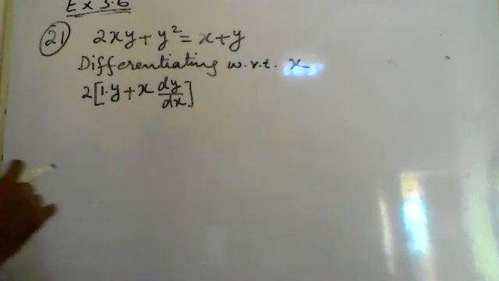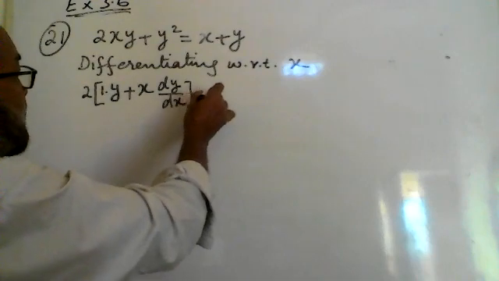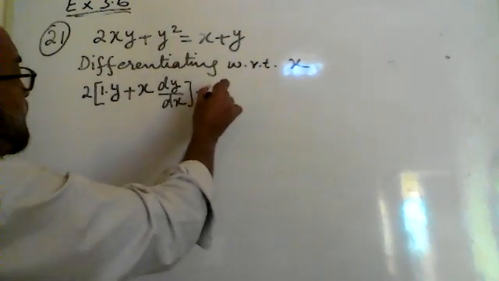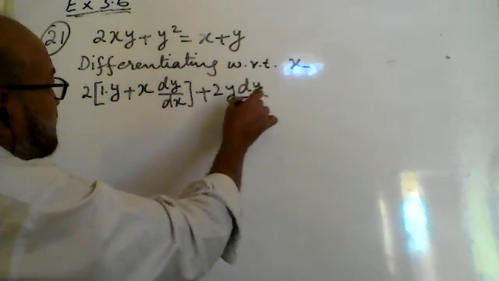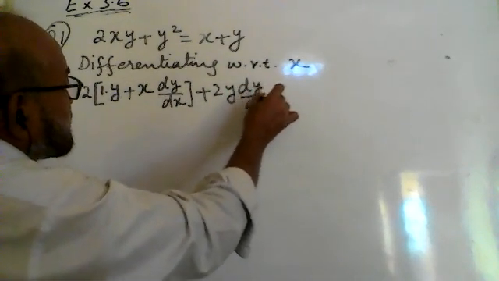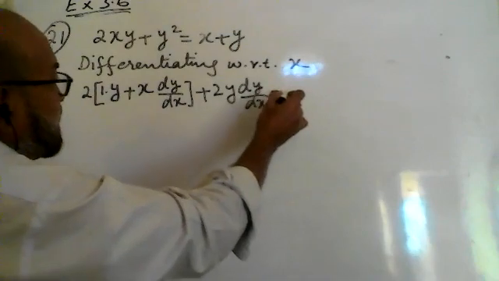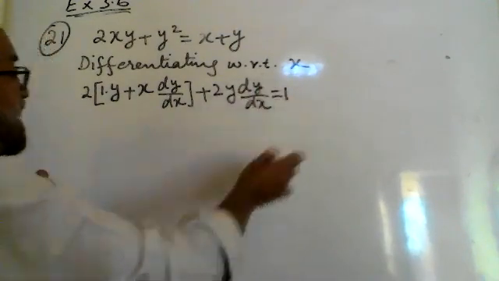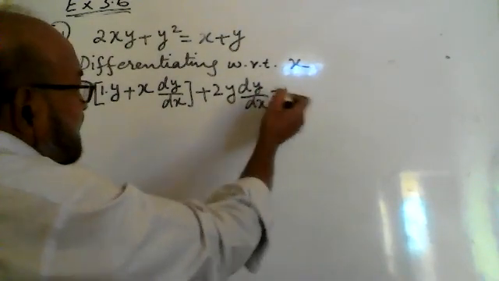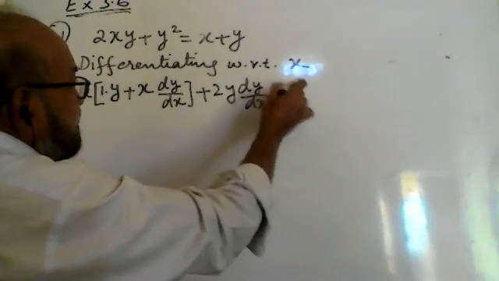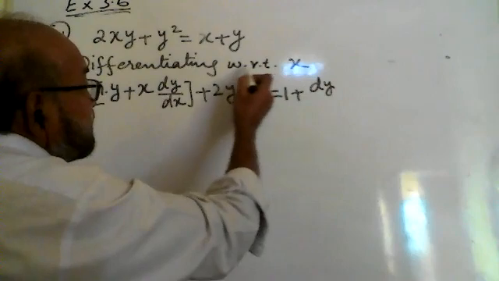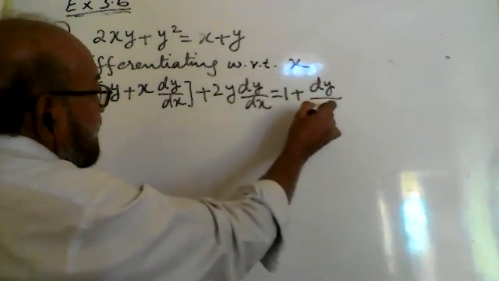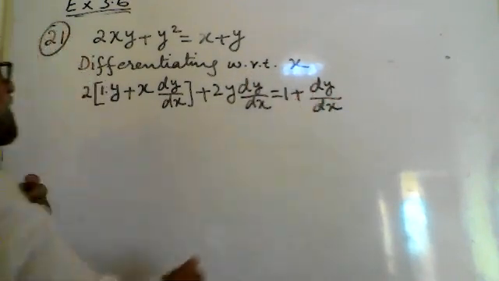There is no need to write. Plus the derivative of y square will be 2y dy upon dx is equal to derivative of x is 1 into dx upon dx, that is cancelled out, plus the derivative of y, 1 into dy upon dx.